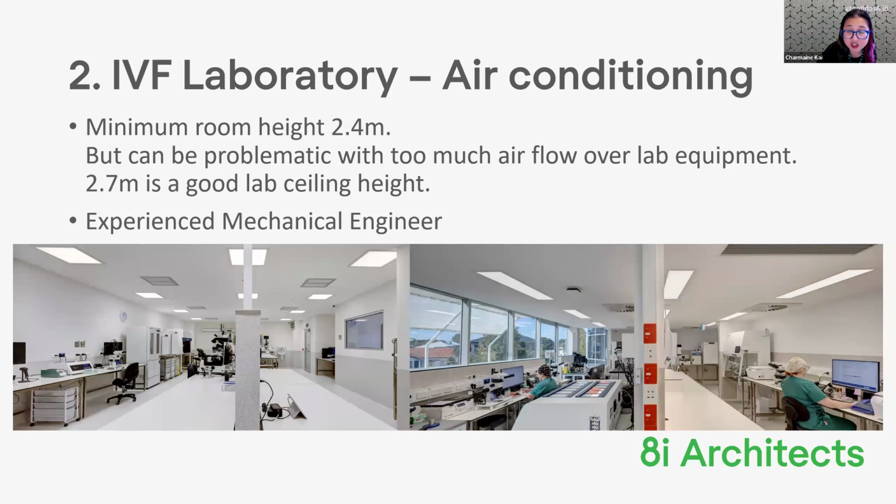So you can actually get too much airflow, and depending on where you position those registers in the ceiling, you can end up with too much airflow over lab equipment or staff, neither of which is ideal, because too much airflow, as you know, dries out media if you're working on the benches, and it can get very uncomfortable if a staff member is sitting under a register that's blowing a lot of air over them. So 2.7 just gives you that little bit more space for that air movement to not be as strong. So it dissipates a bit more.